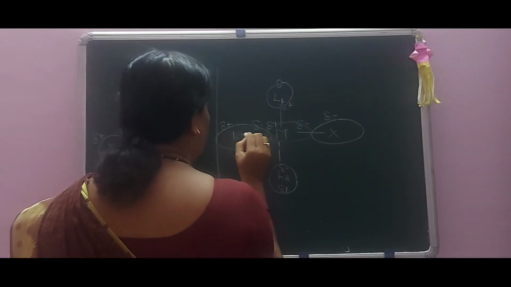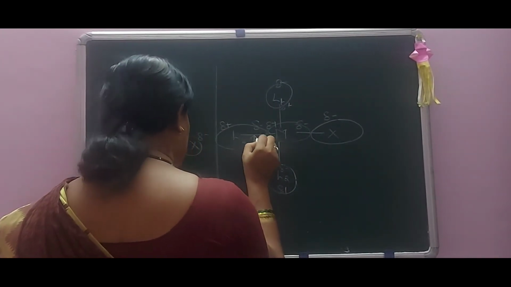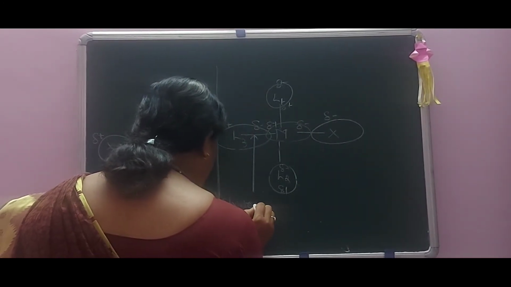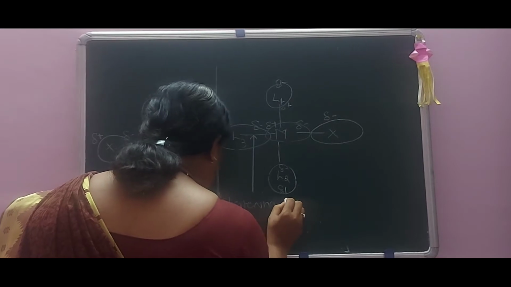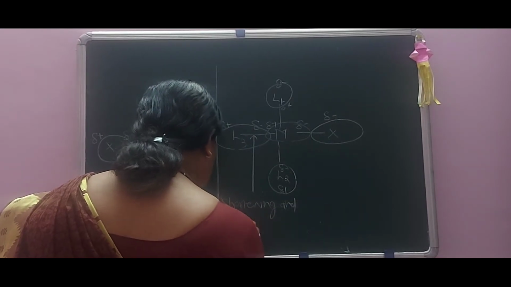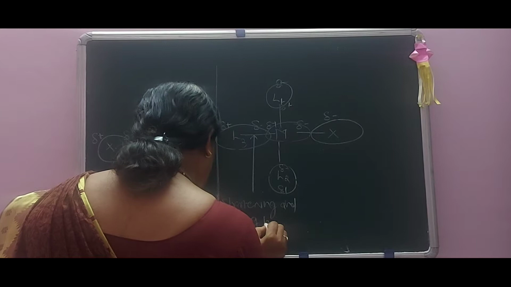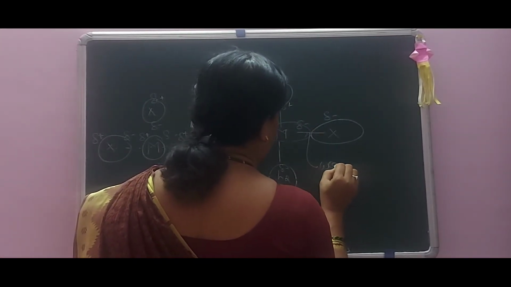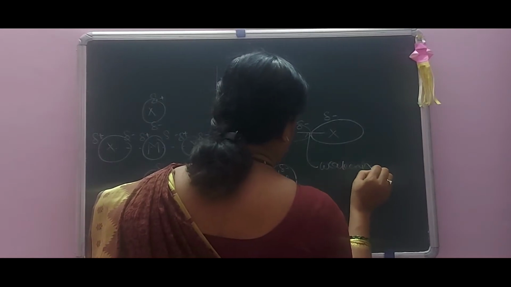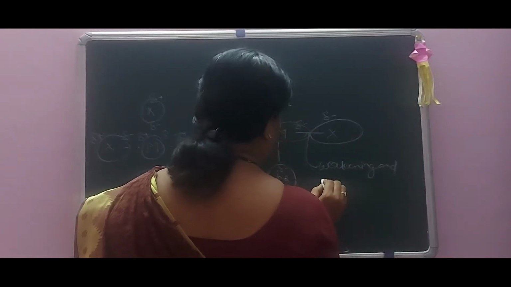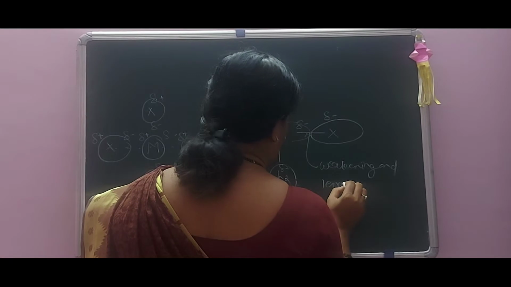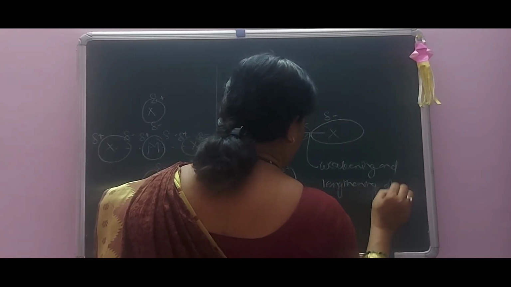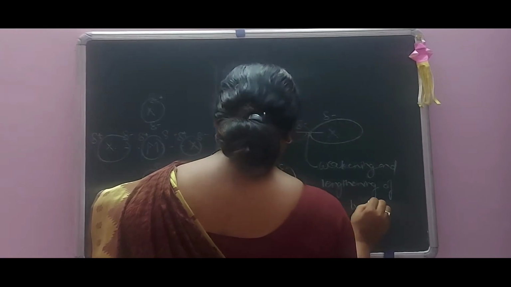Now this bond is shortening and a strong bond, and this bond is weakening and a lengthening of the bond.